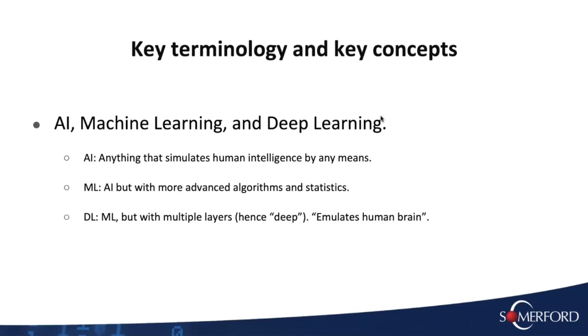As it says on the slide, AI is literally anything that can simulate human intelligence by any means. This can be a system that predicts whether someone is a child or an adult based simply on their weight. So if the weight is less than 50 kilograms, child; if it's more than 50 kilograms, adult. That's AI in a nutshell. Machine learning is sort of the same thing.